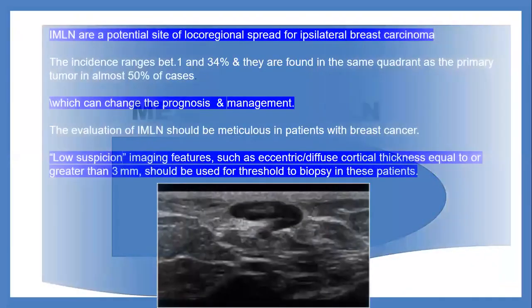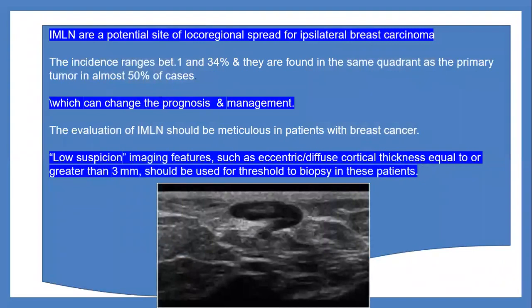Okay. So intramammary lymph nodes are, as we mentioned, a potential site for locoregional spread of ipsilateral breast cancer. The incidence ranges between 1 and 34%, and they are found in the same quadrant as the primary tumor in almost 50%.